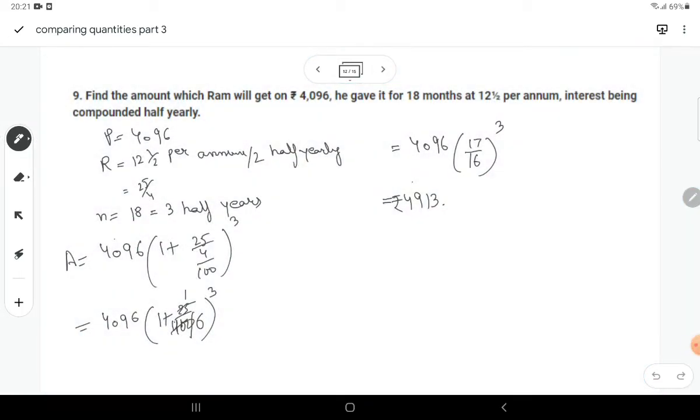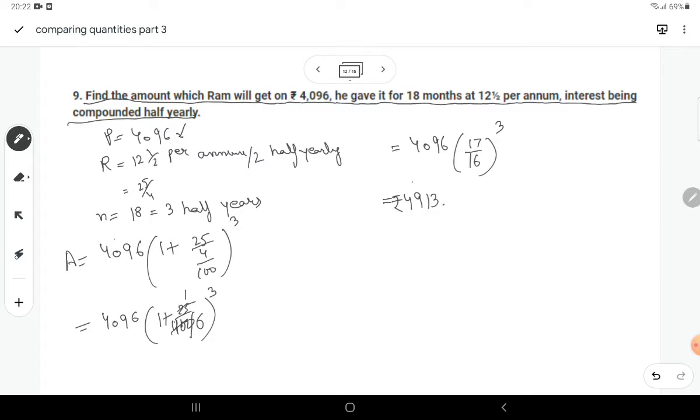Moving on to next question. It says find the amount which Ram will get on rupees 4096. He gave it for 18 months at 12.5% per annum, interest being compounded half yearly.